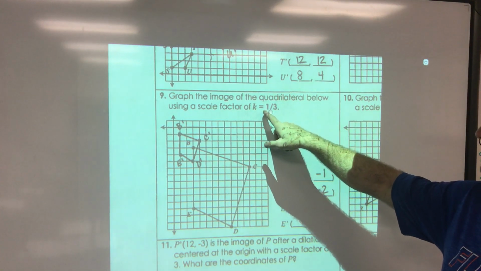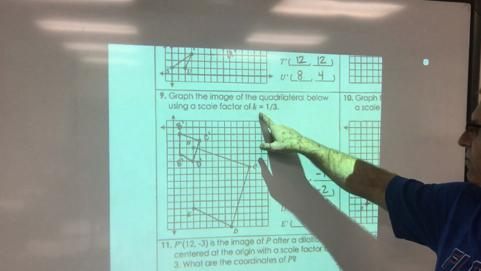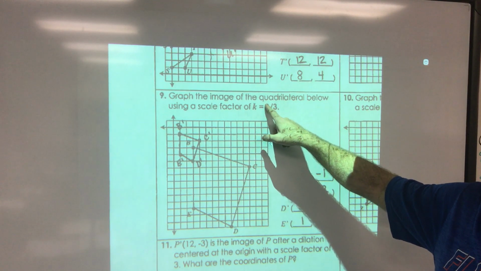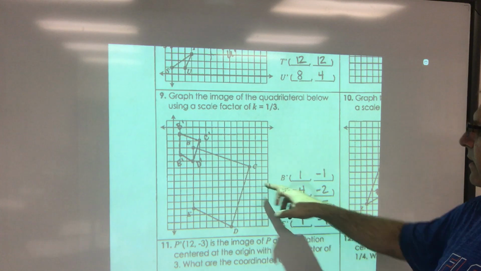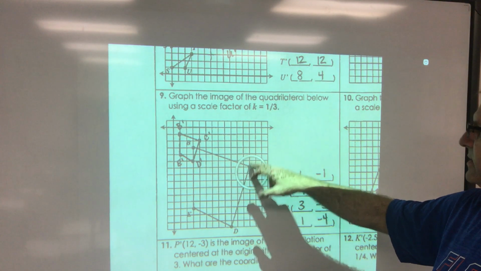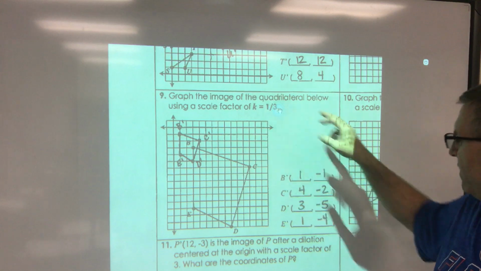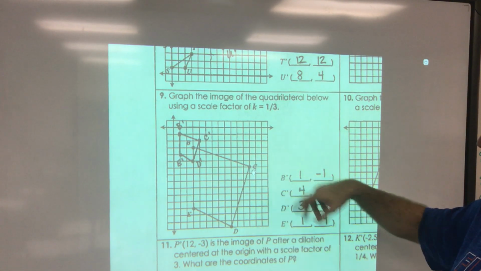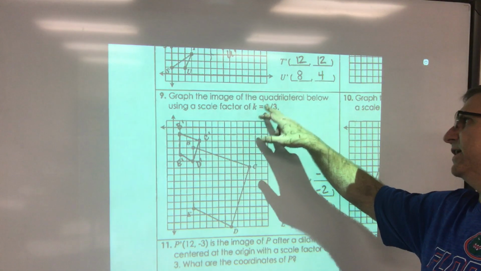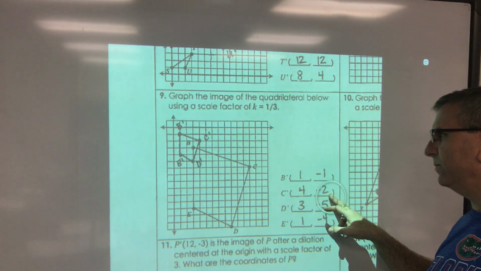Now, when I multiply 12 times 1/3, 12 times 1 is 12, divided by 3 is 4. And then the y part, 6 times 1 is 6, divided by 3. Oh, I forgot, that's -6. So -6 times 1 is -6, divided by 3, -2.